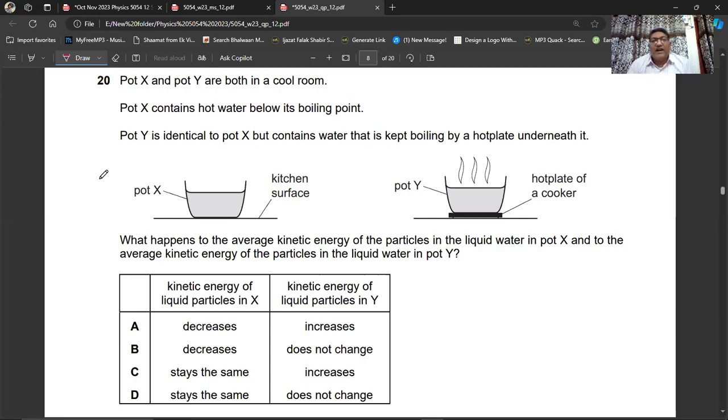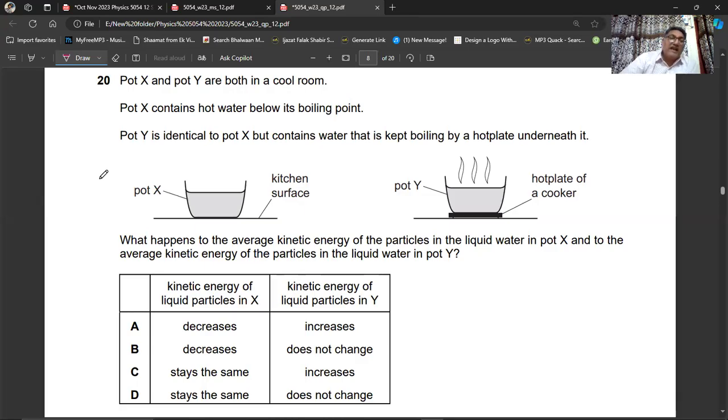And in pot Y, the water is kept boiling. So you are providing energy from the hot plate, and it's boiling. When boiling is taking place, the temperature does not change. So when the temperature does not change, that means the kinetic energy will not change.